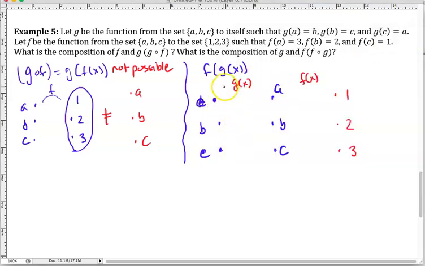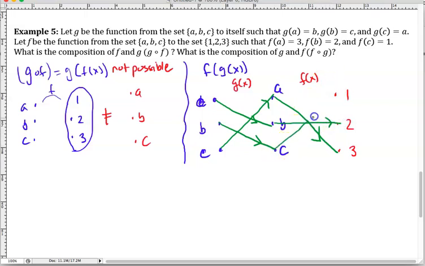Okay? So let's see, for the g function, a goes to b, b goes to c, and c goes to a. Okay? And for the f function, a goes to 3, and b goes to 2, and c goes to 1.